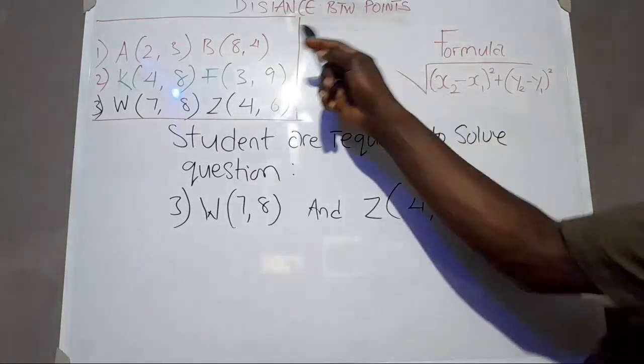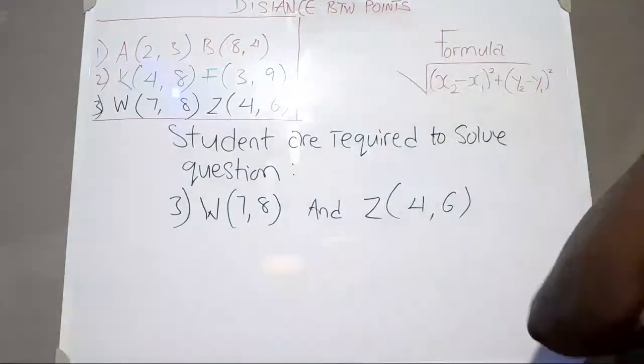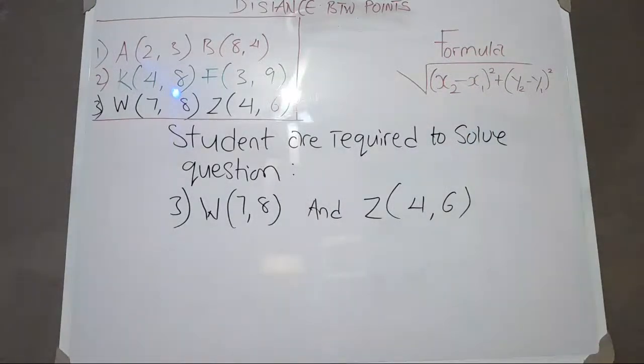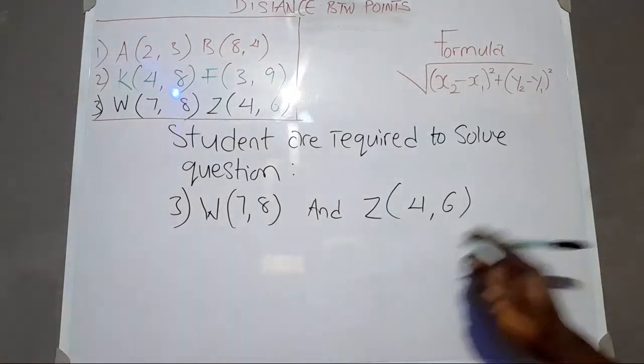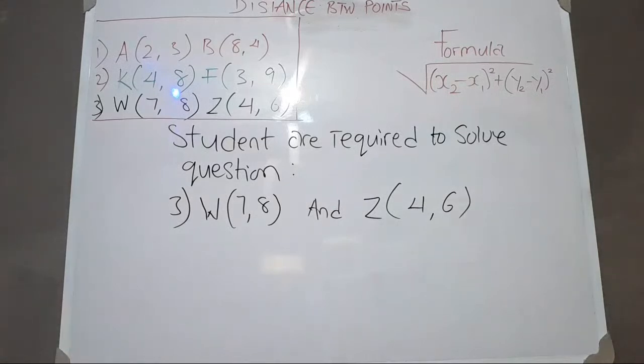The formula for distance between points is square root, open bracket, x2 minus x1, close bracket, then you put a power of 2, plus open brackets y2 minus y1, a power of 2, then you close brackets. And with that, you can begin to plug in the question. And let's not forget, you have to do your x1, x2 thing and your y1, y2 thing.